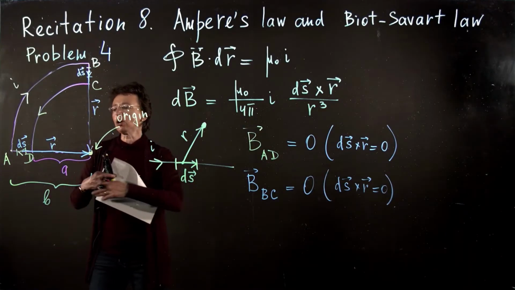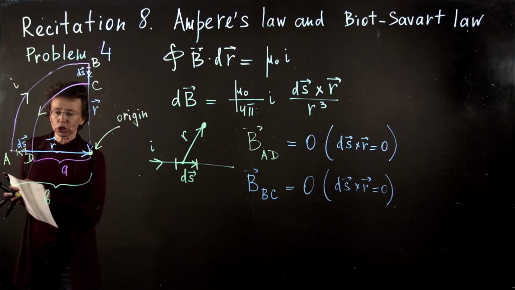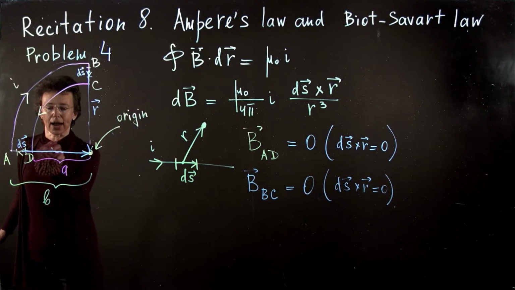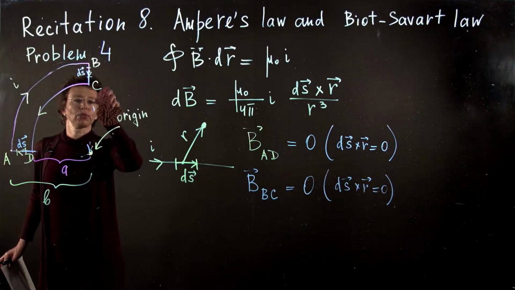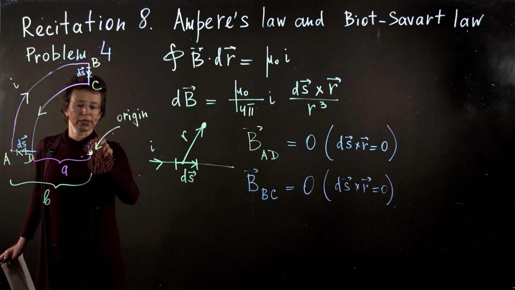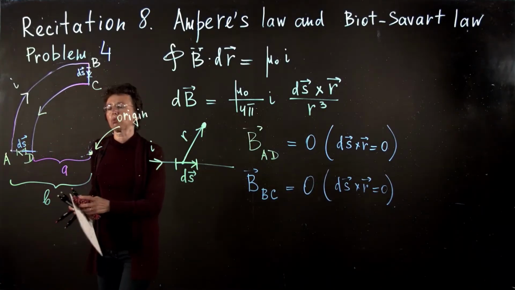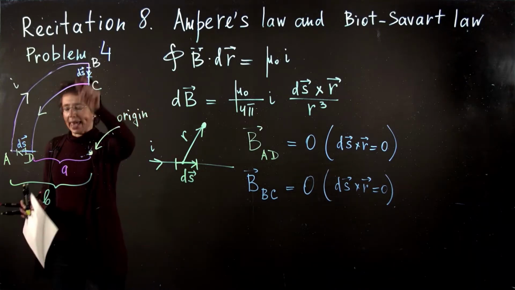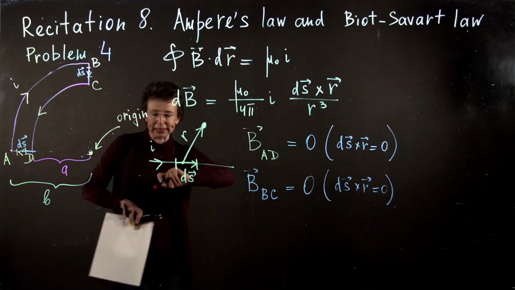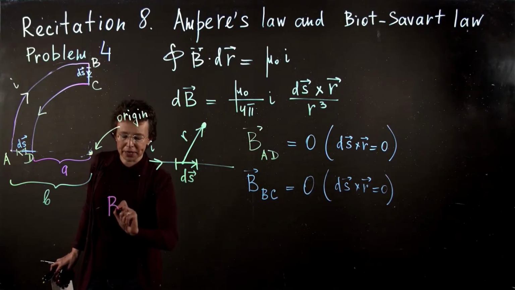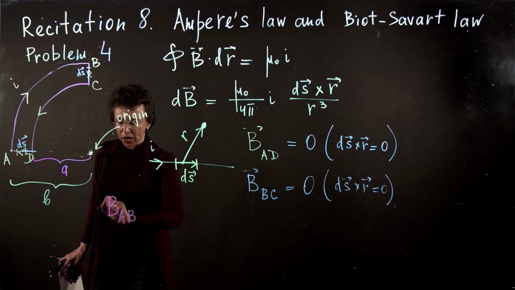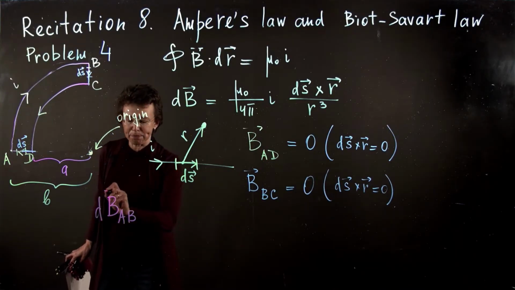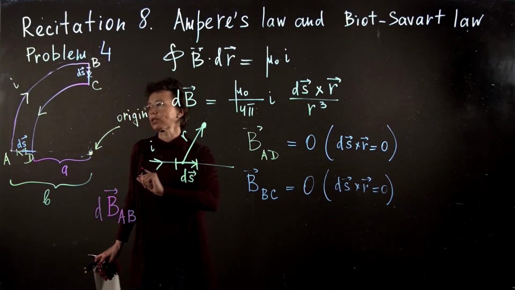Okay, now we move on. Now what I will do, I will erase this r and I will erase this r. We already found the magnetic field created by these two segments, and the next segment that I will be working with will be AB. So for the magnetic field created by segment AB, I need to write dB according to this formula.